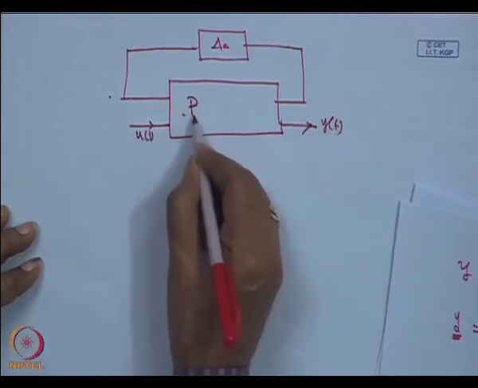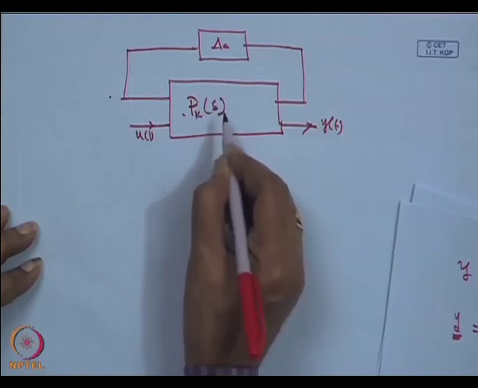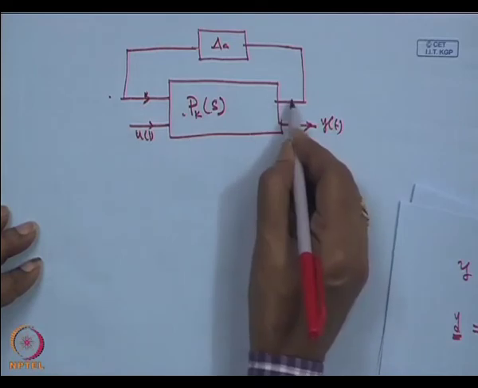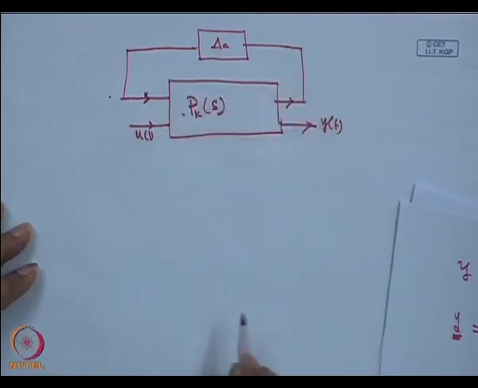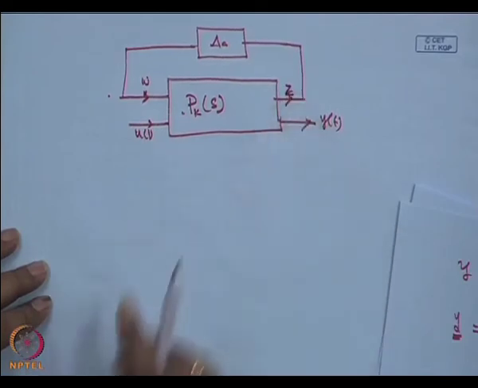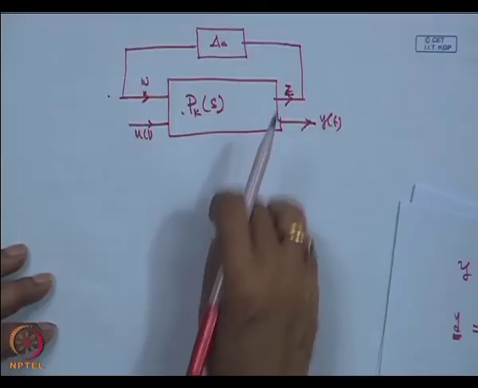So, we will define P k delta of S. Tomorrow we will discuss how one can do this, and this is W and this is Z. So, this lower block is merged to the P block.